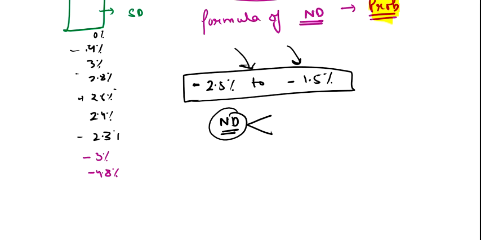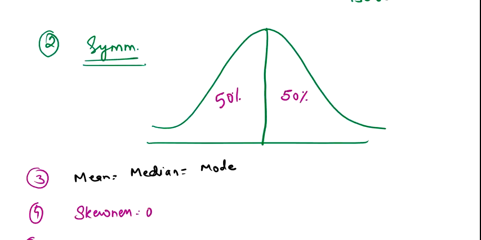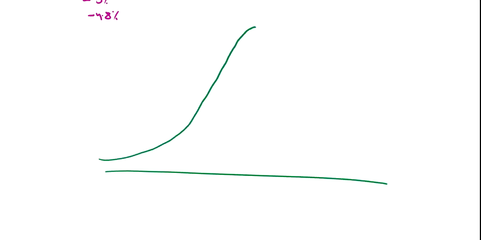Clear? Now this side it can take the value to negative infinity, and this side it can take the value to positive infinity. Means on this scale, these are the values of return, and it can take any values from negative infinity to positive infinity. Clear?